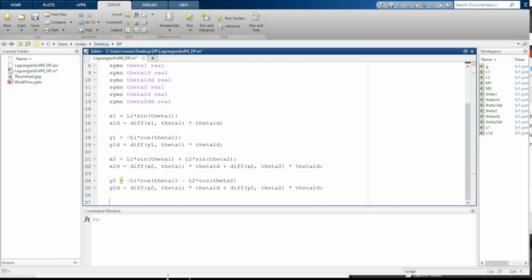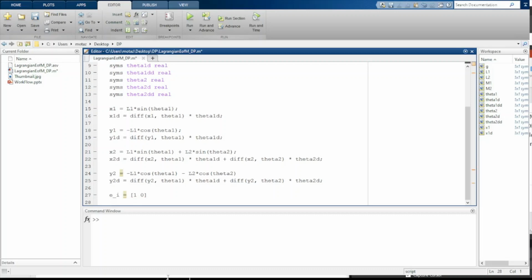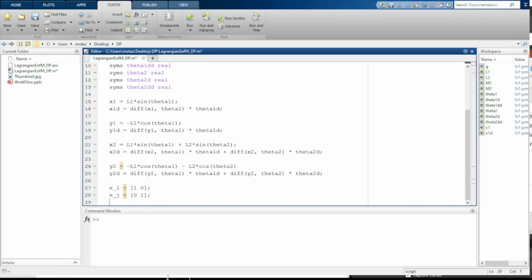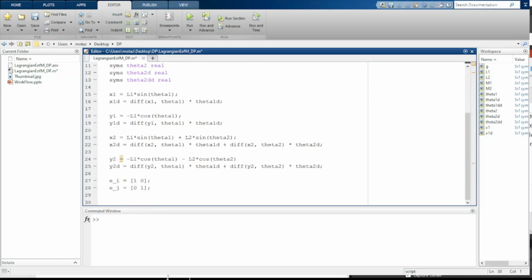Now we need to know our velocity. Let's first define some unit vectors i and j, since we're going to be using the dot product to get the kinetic energy. Throw some semicolons in there.